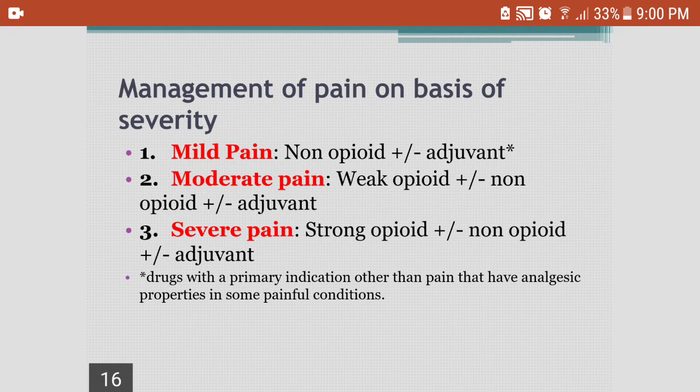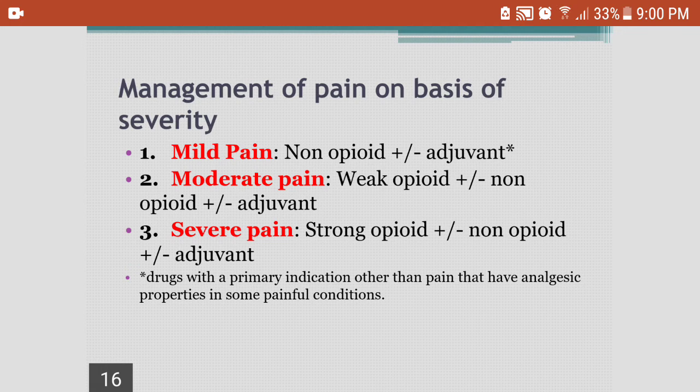An adjuvant is a treatment or an intervention whose main use is not analgesic, such as antidepressants or anticonvulsants, but we use it to help in therapy. Adjuvants also include hot pads or cold pads, exercise, and psychological support.